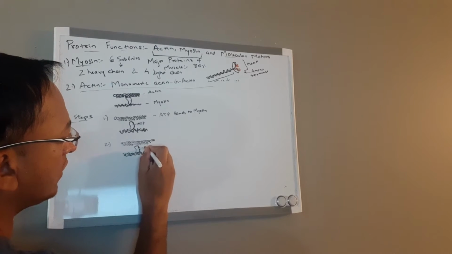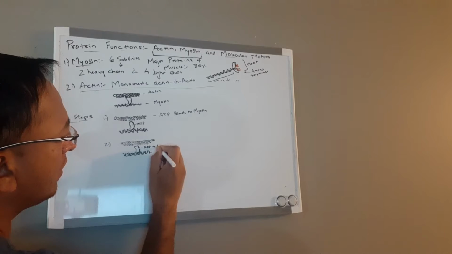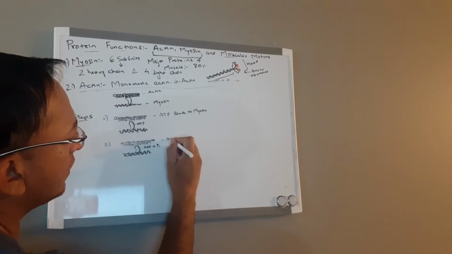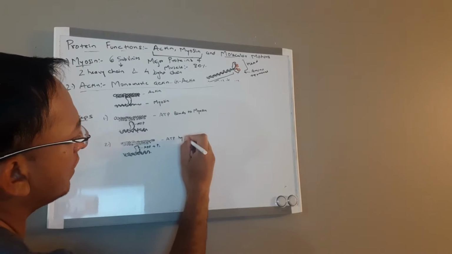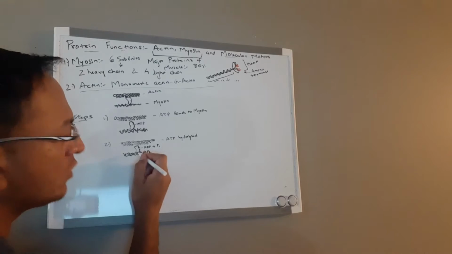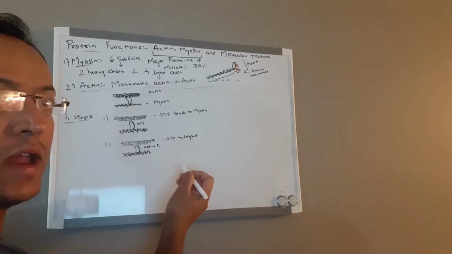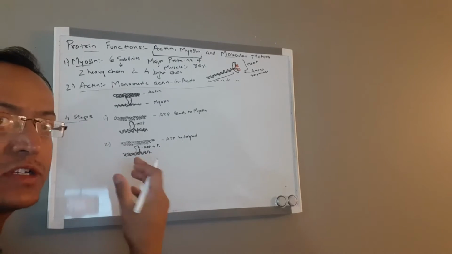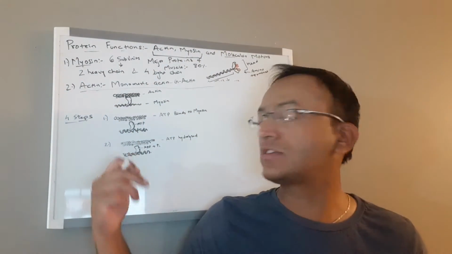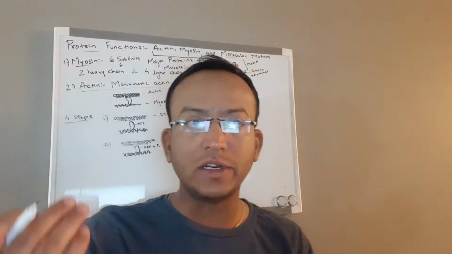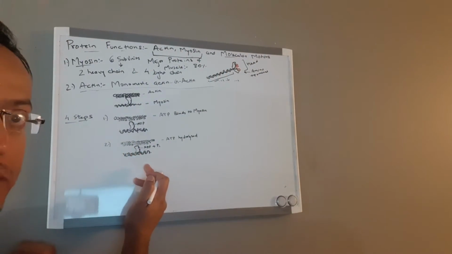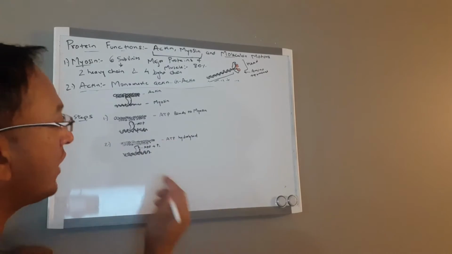So it now has ADP plus the phosphate, and I will write it down. ADP, hydrolyzed. So when the ATP is hydrolyzed, it causes a conformational change in the protein to a high energy state, right? As the ATP is hydrolyzed, energy is released. So that energy moves the myosin head and changes its orientation.